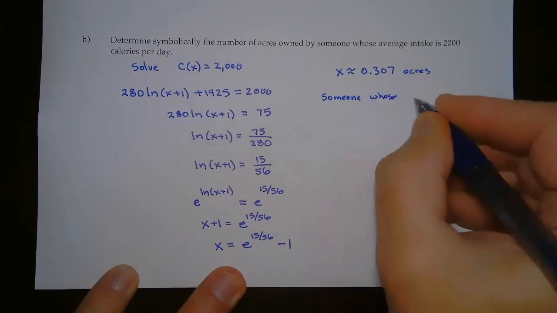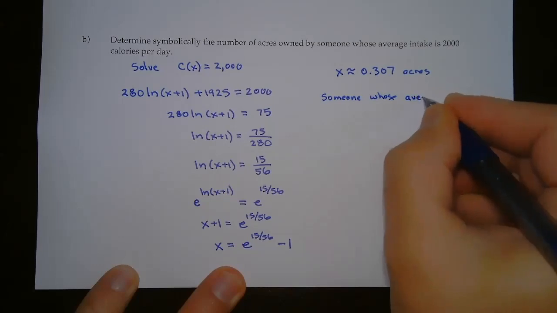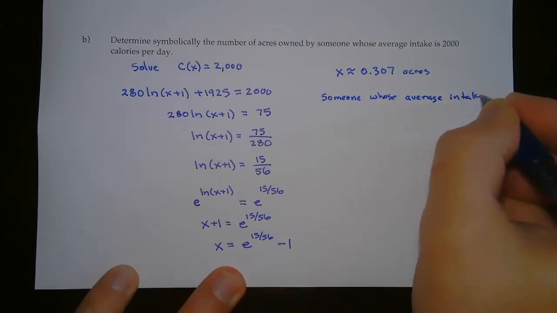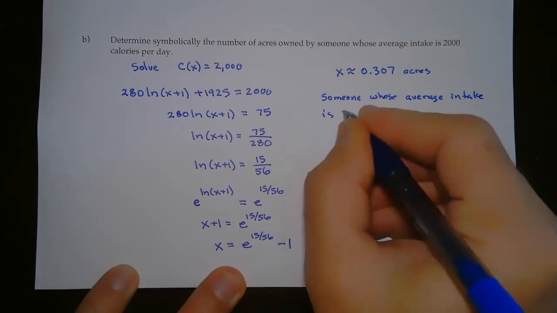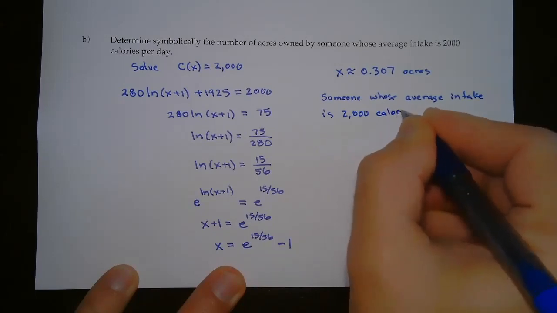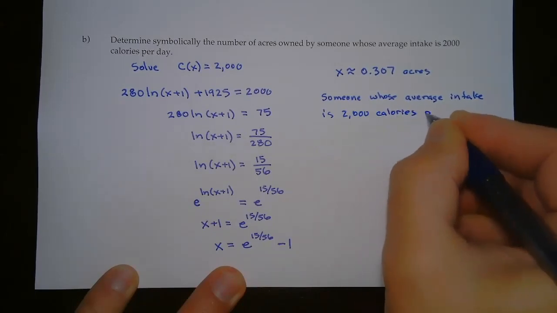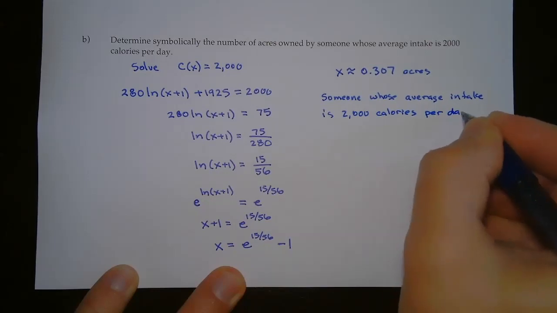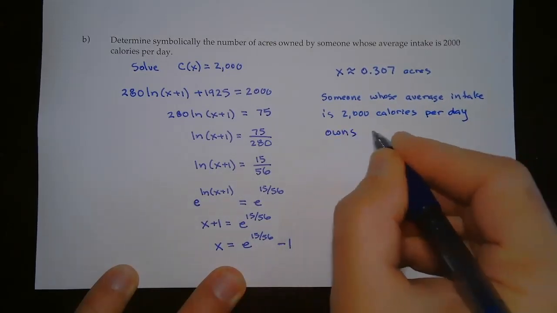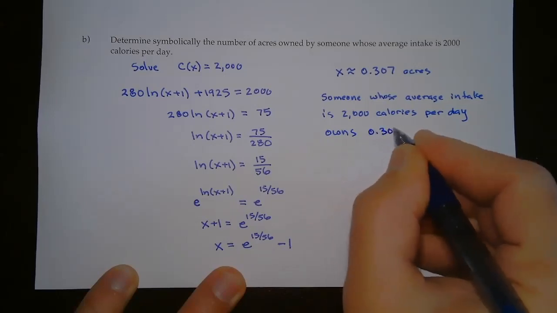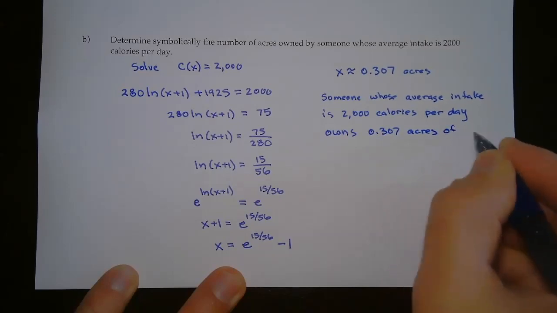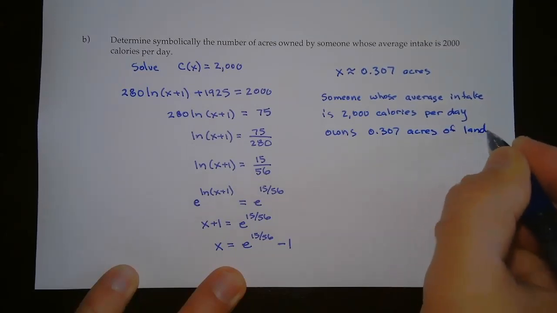Someone whose average intake is 2,000 calories per day owns 0.307 acres of land.